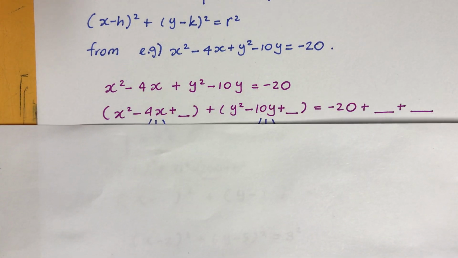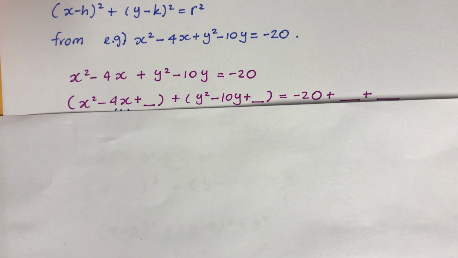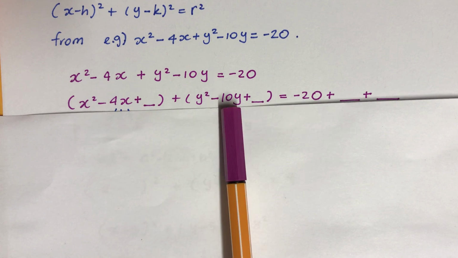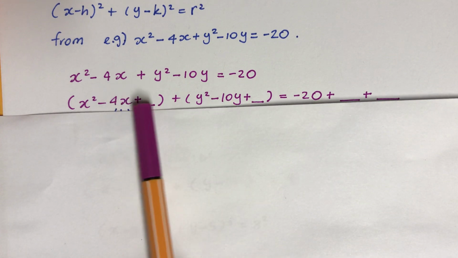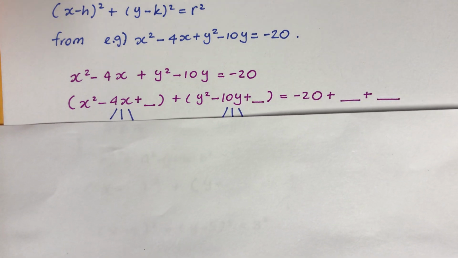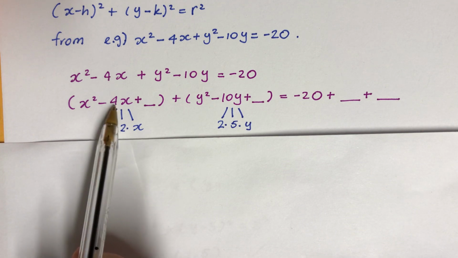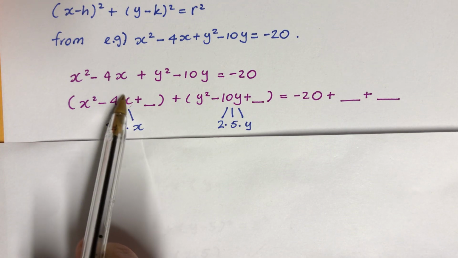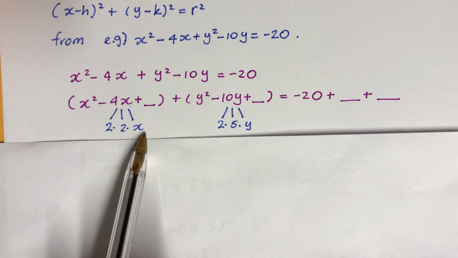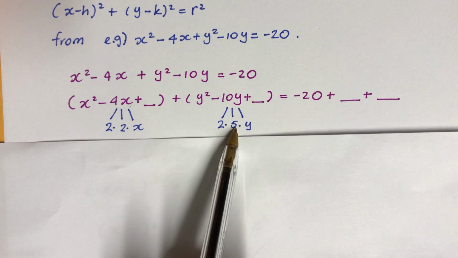So I've actually changed this to two sets of perfect squares, one in the x term, one in the y term, okay? Now to find the third one, there's a lot of ways of doing it, but this one I sort of separated 4x into 2 times 2 times x, and 10y is 2 times 5 times y.